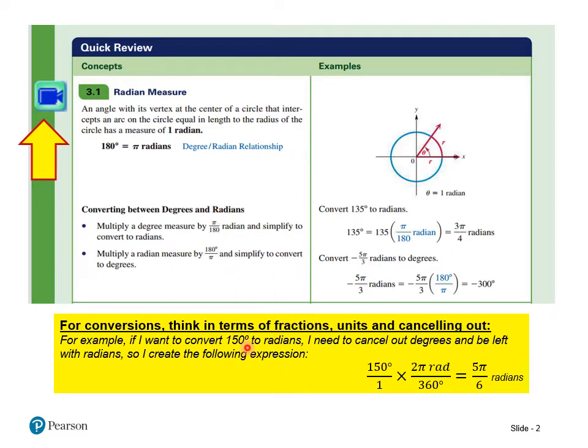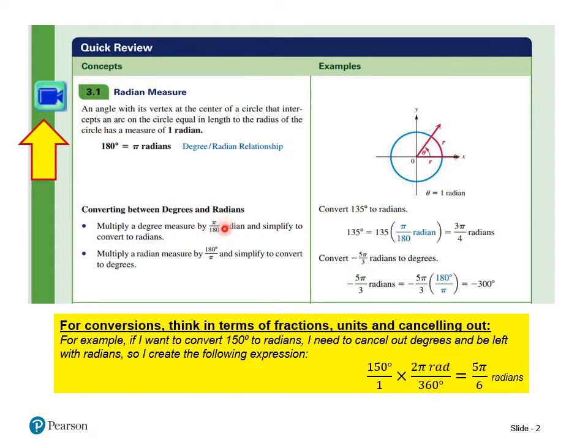What I do is I think of this in terms of what it is and what I want. So I have 150 degrees, so I write that as 150 degrees over 1. Because I know I need to convert this. And what I want is radians at the end, so I know that since I have degrees in the numerator, I need degrees in the denominator to cancel out degrees.